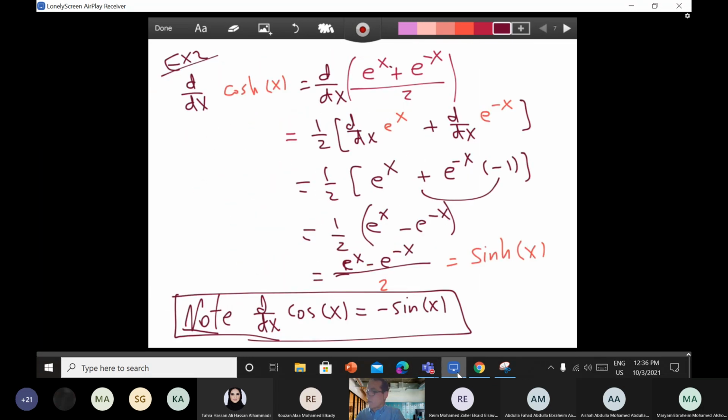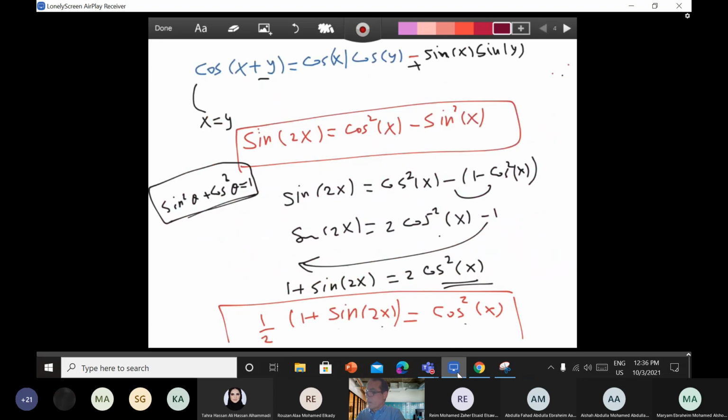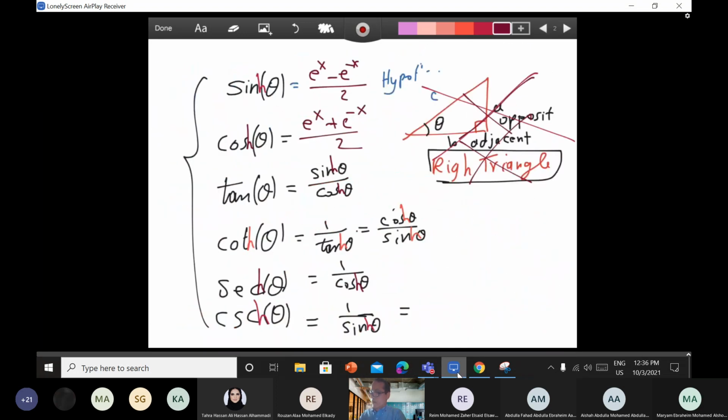Now I will leave you to find the derivative of the rest of the functions. You have the basics. What are the basics? Yes, sinh x is equal to e to the x minus e to the minus x over 2, and you have cosh x equal to e to the x plus e to the minus x over 2, and of course you have all of these functions.